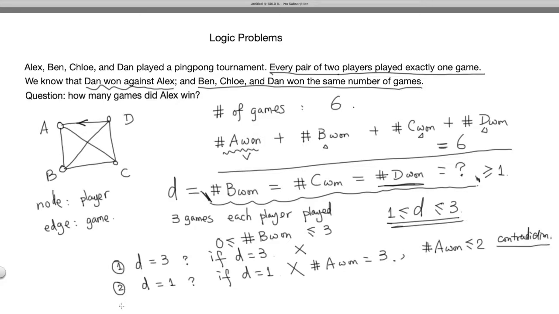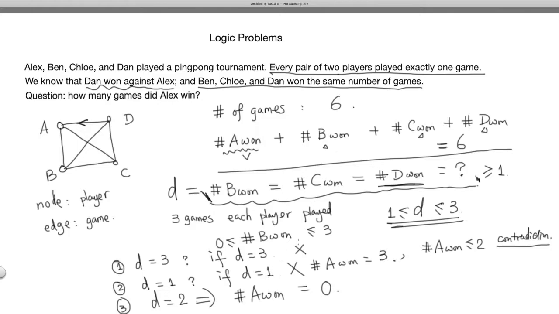So that leaves the only possibility D equals 2, meaning that Ben won 2 games, Chloe won 2 games, and Dan won 2 games. Because now this is 2, this is 2, this is 2, that means the number of games A1 equals 0.